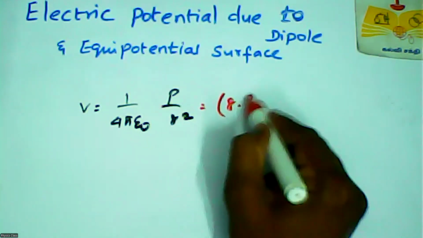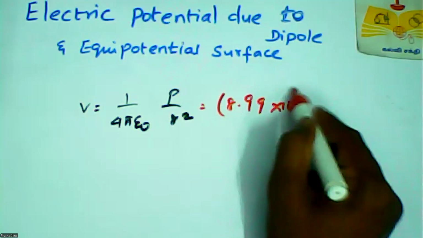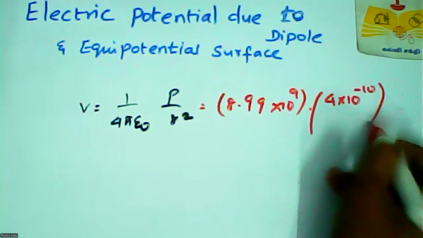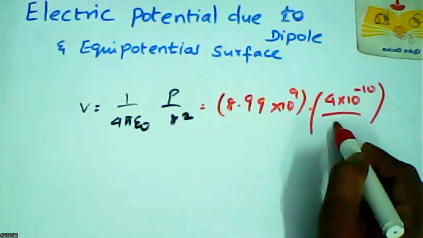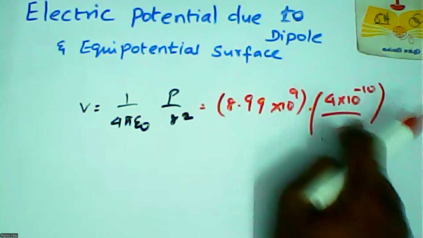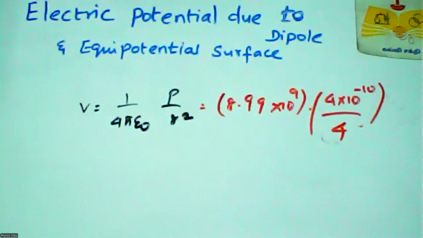So 8.99 into 10 power 9, P is 4 into 10 power minus 10, and R square is 2 square, which is 4, because R is 2 meter.